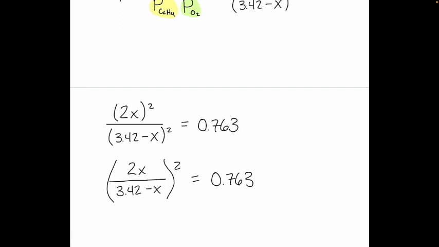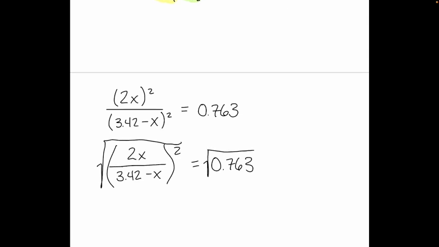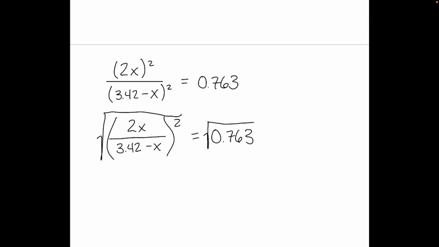All right, how am I going to get rid of that exponent? I need to just take the square root. And you can do anything you want in algebra as long as you do it to both sides. So in order to get rid of that exponent, I'm going to take the square root of both sides. And just to give you a hint, you got x on top, x on the bottom. You got to get them together, right? So move that denominator to the other side of your equation.